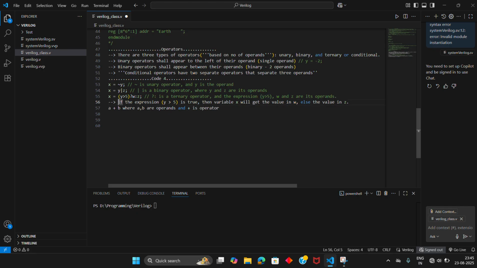If the expression y greater than 5 is true, the variable x will get the value w, else the value z will be assigned to x.